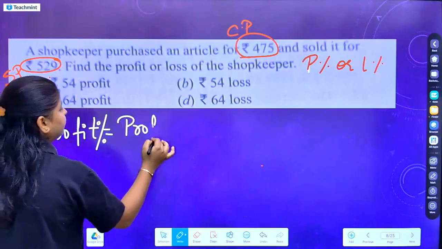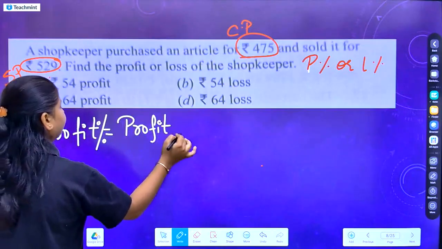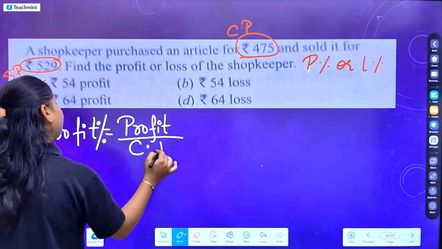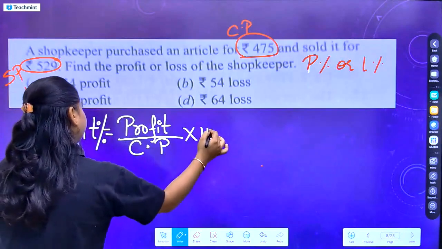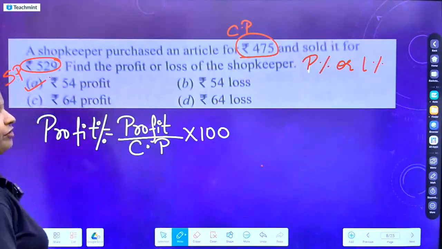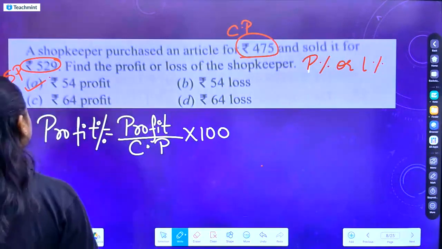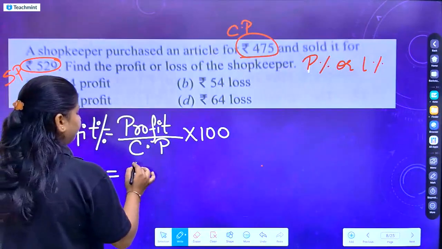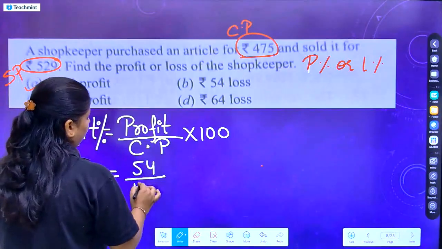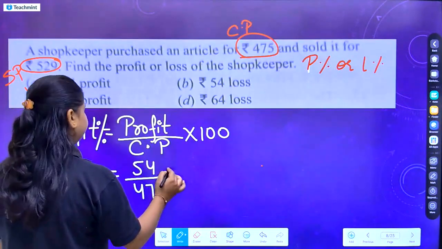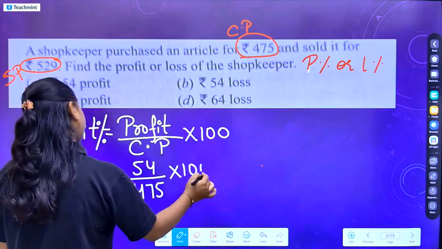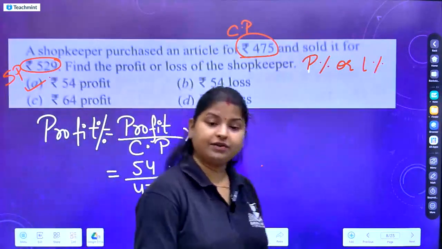For profit percent, I have the formula: profit upon my CP into 100. Profit is 54, cost price is 475, into 100.